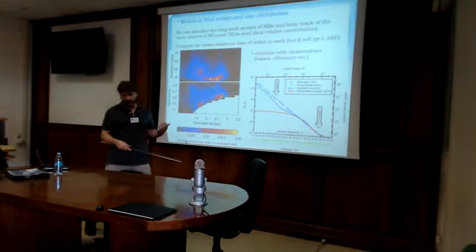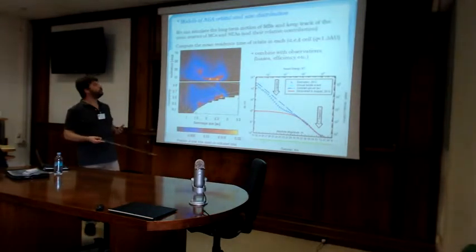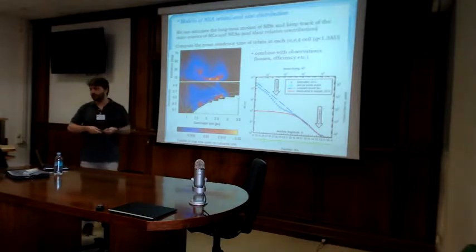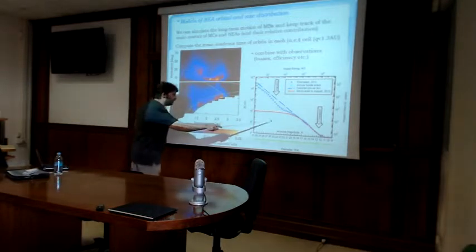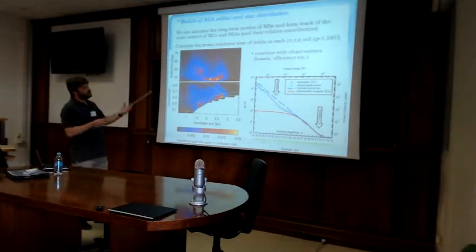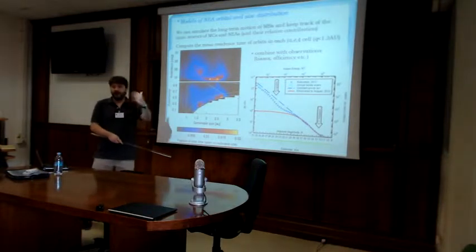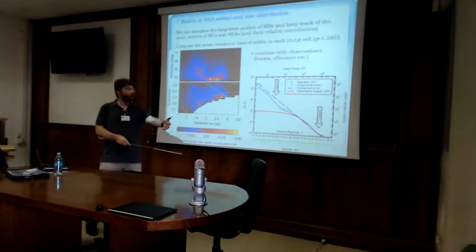Given this background, you can understand how people are working to make models of the NEA orbital and size distribution. This is a recent result by Trojans and compiled on the data by Alan Harris. Basically, what you do is you identify the main dynamical sources: the 3-to-1 resonance, the nu-6 resonance, the 5-to-2 resonance, and so on.